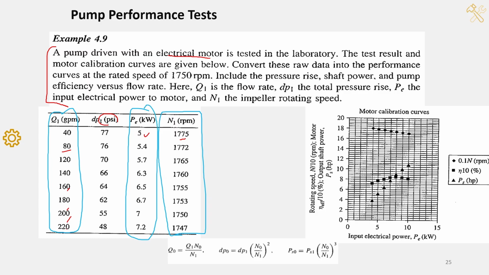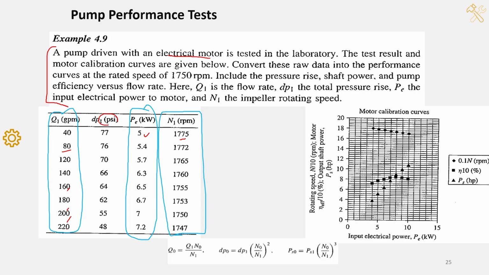As you can see here, for example, at 5 kilowatt of electrical power, we have a rotating speed of 1775. But as you increase the electrical power a little bit, the rotating speed of the impeller decreases.